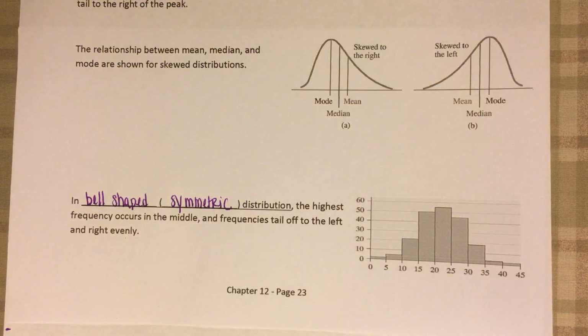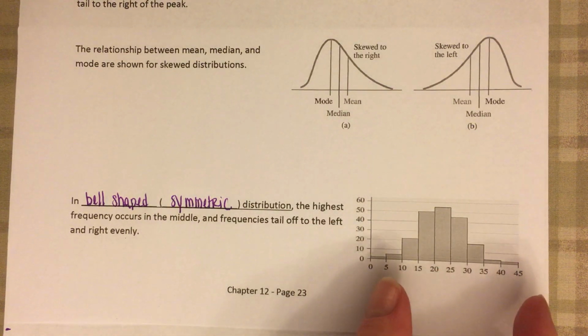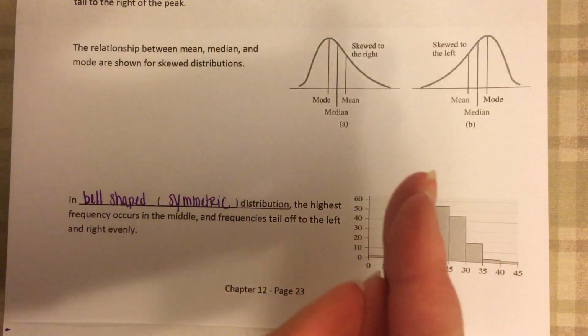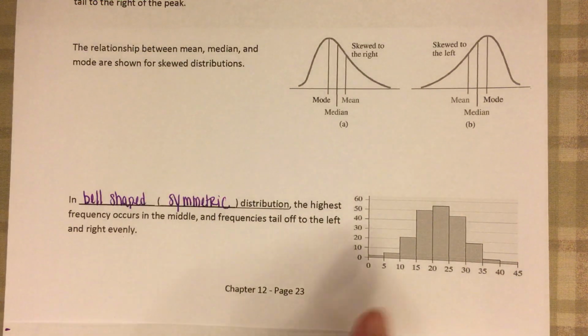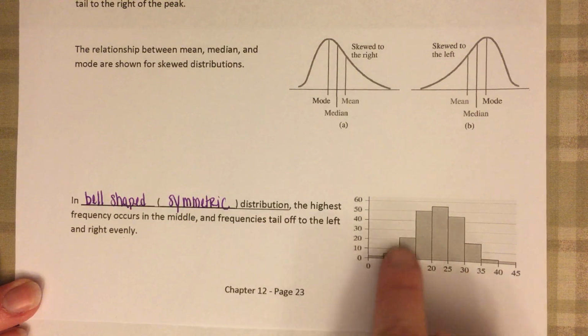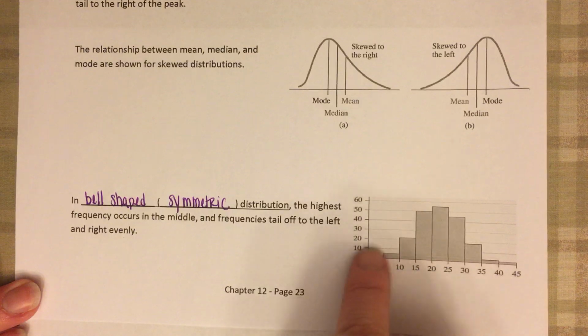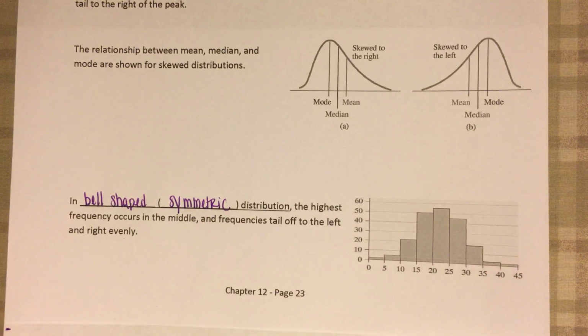If we take this sheet of paper and fold this in half, bringing those two edges to the middle, we're going to have something that's very similarly shaped on both sides. Thinking about the idea of tails, our tails are pretty equal on both sides. It's also called bell-shaped because if we were to draw a rounded curve, we would go up and then down in something that's similar to the shape of a bell. The highest part is in the middle, and our tails are on the left and right side.